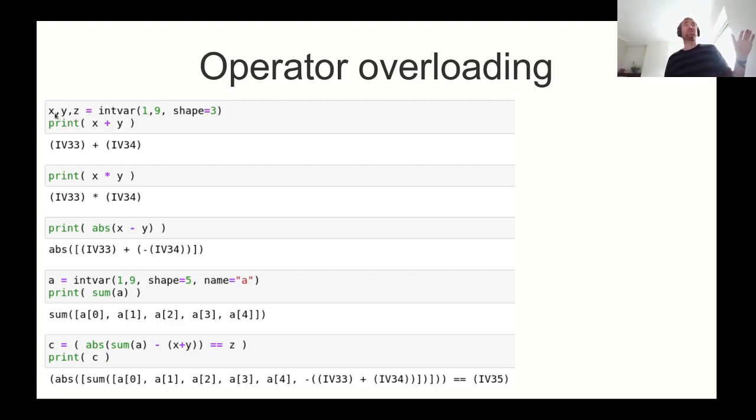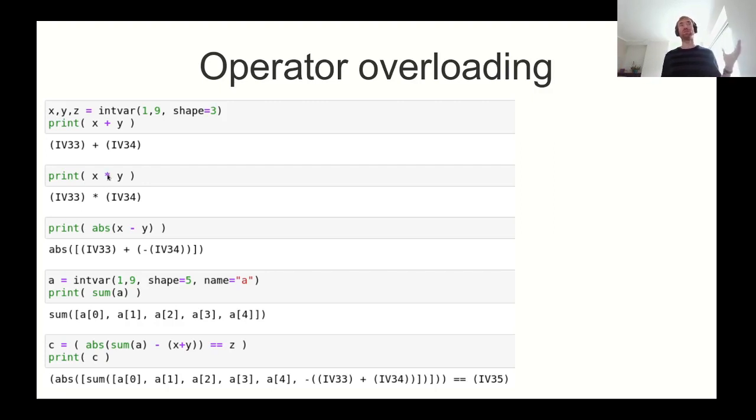But we can also create these variables and put CPMpy decision variables in it. And so we here create 3 integer decision variables between 1 and 9. And if you write x plus y, because of operator overloading on the decision variables, this actually automatically creates the expression, this decision variable plus that decision variable.